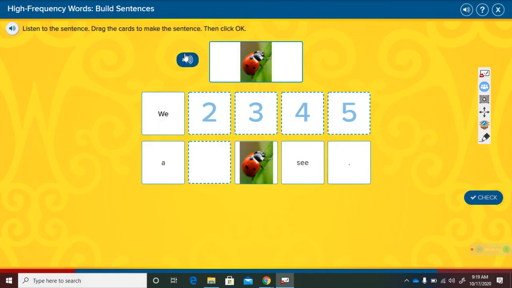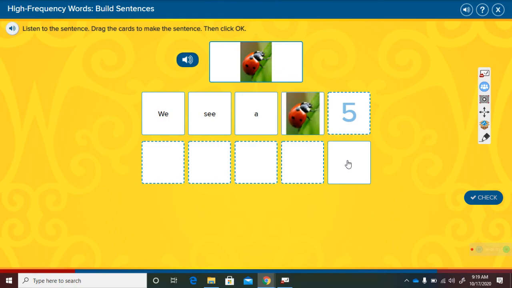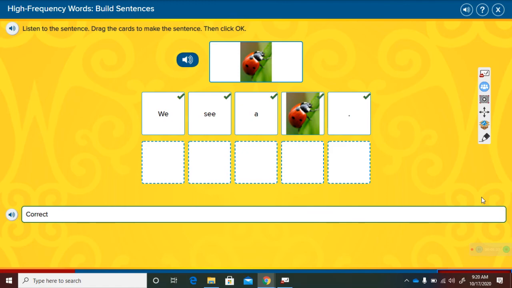So, let's listen to the sentence again. We see a ladybug. Can you find the word see? It's right here, isn't it? We see a ladybug, period. Fantastic! Nice work. Good job.